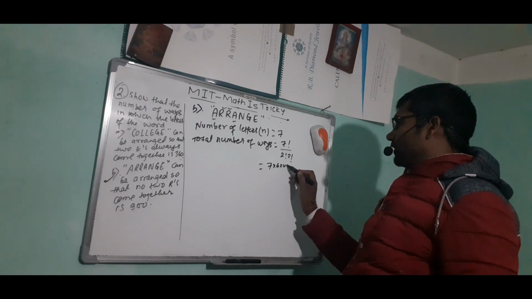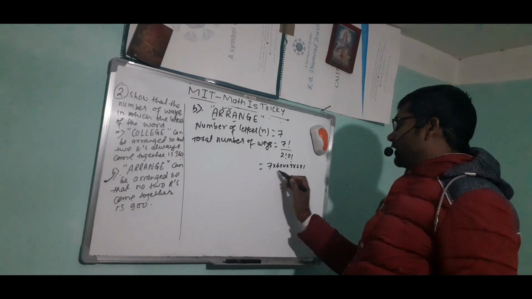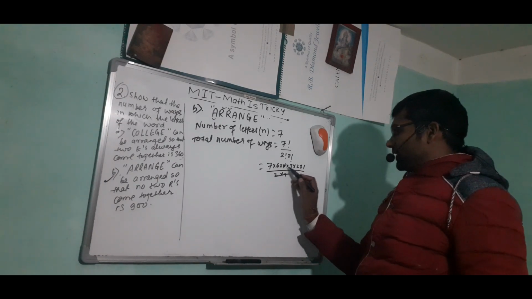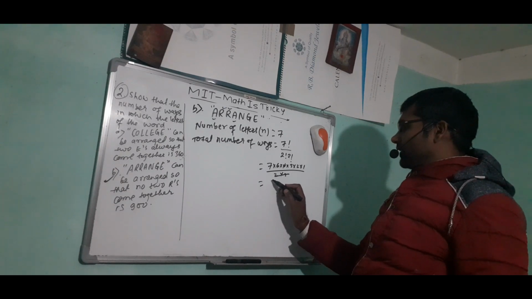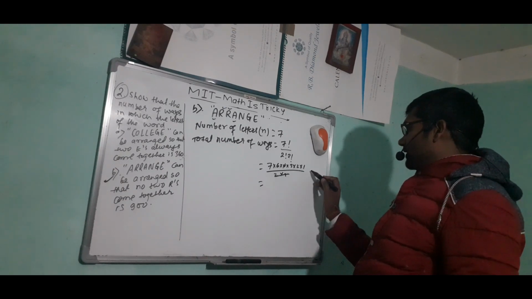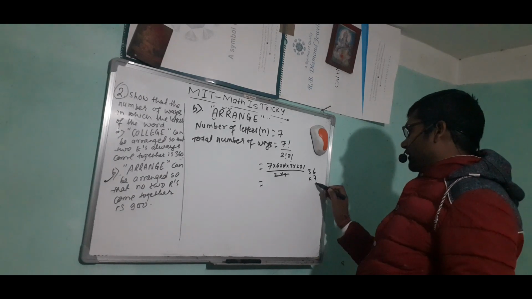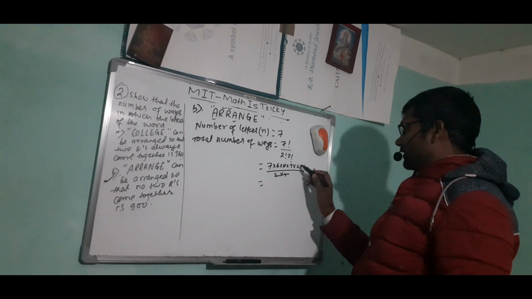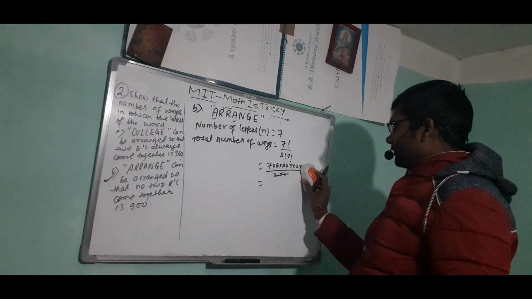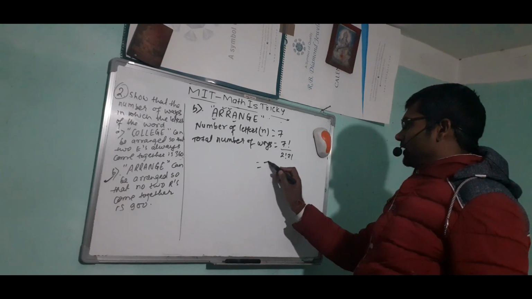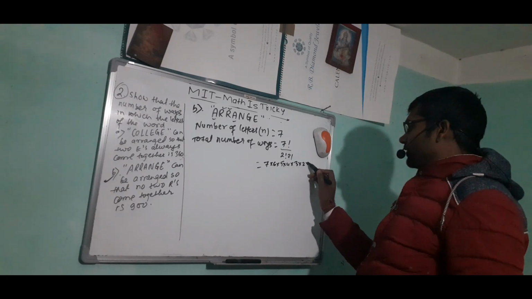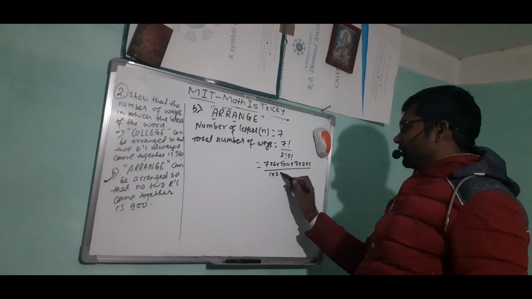For this it will be simply 7 into 6 into 5 into 4 into 3 into 2 into 1, that is 7 factorial, by 1 into 2 into 1 into 2.